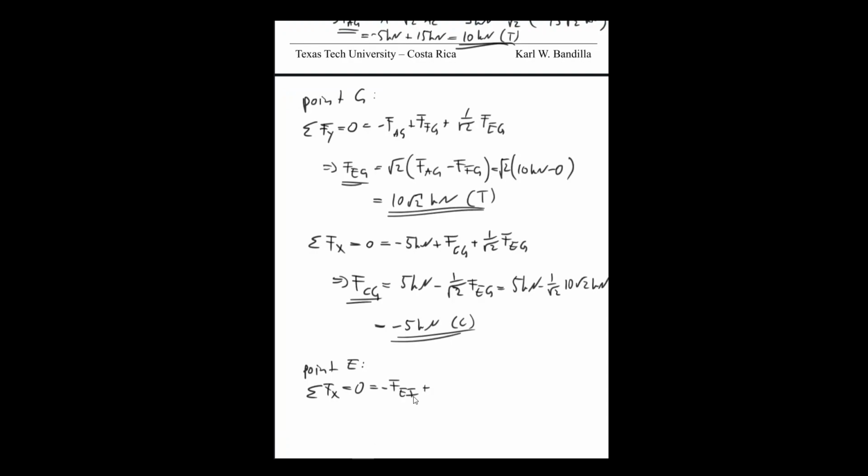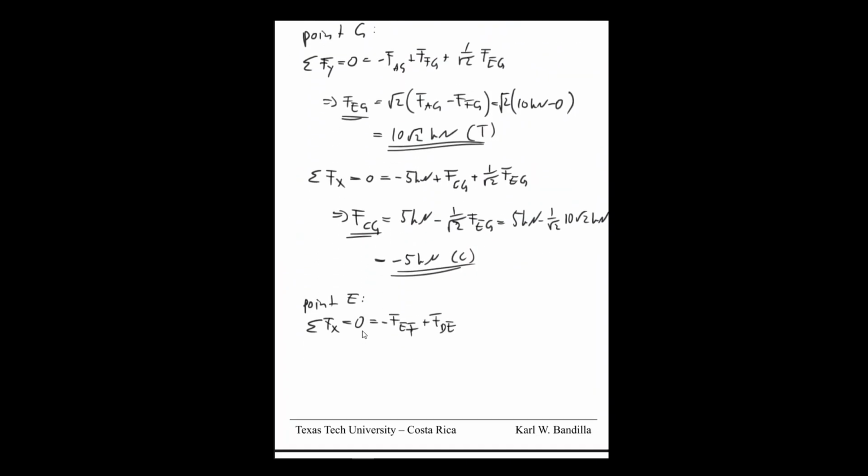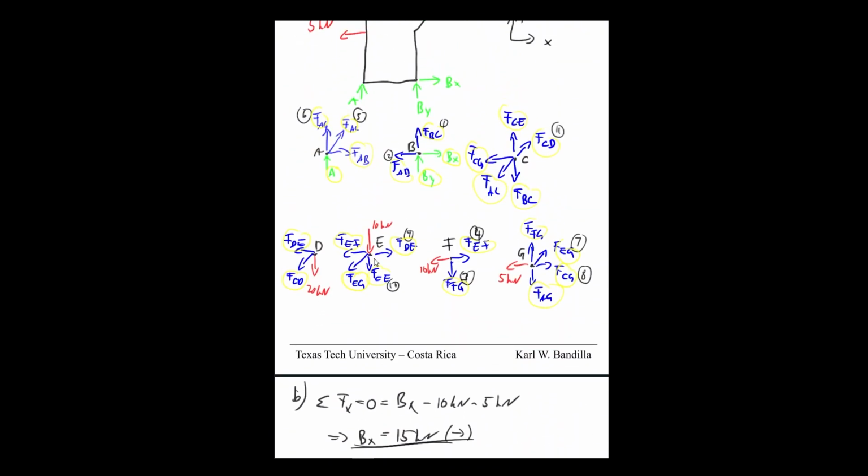Lots of scrolling on this one. FDE. And then minus FEG at an angle. Minus F, can't be DE, you already have DE. FEG.